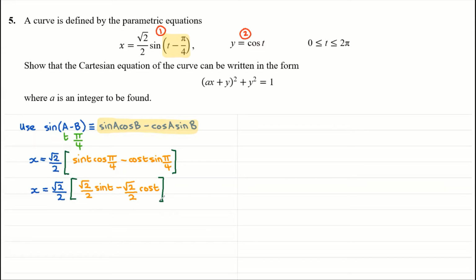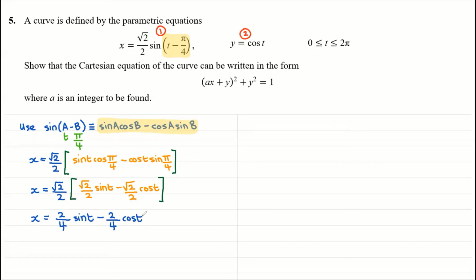Now, when we do that, there might be a little bit of simplifying we can do here in a moment. Root 2 multiplied by itself just gives us, of course, 2. So we'll have 2 over 4 multiplying the denominators, sine of t, subtract exactly the same thing, 2 over 4 cos t.